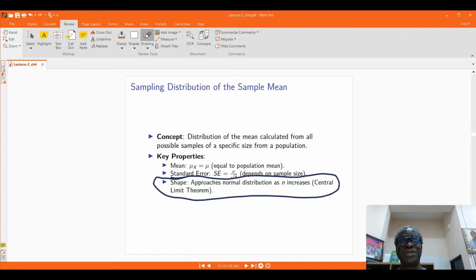In other words, the arithmetic average of the sample means is always the same thing as the population mean.